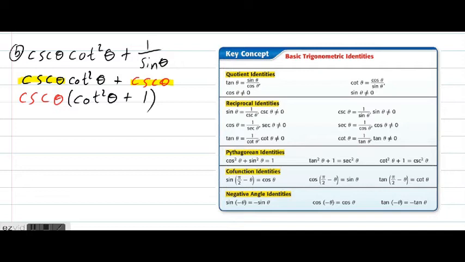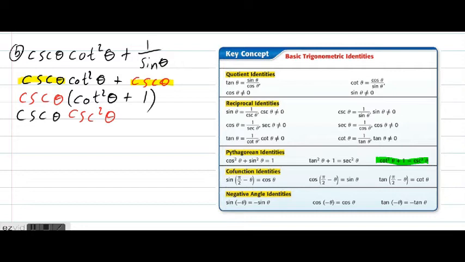Now I look back over at our trig identities to see if there is anything that will help me out. I see cotangent squared of theta plus 1 is equal to cosecant squared. So I have cosecant of theta times cosecant squared of theta.